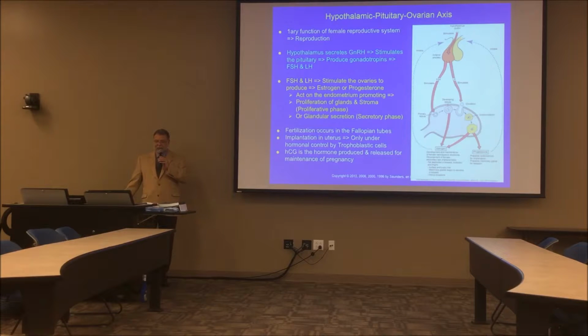Read and understand again, because this is basic science from physiology about the hypothalamic-pituitary-ovarian axis. I'm not going to go through it, but it's important that you understand why those hormones are produced or stimulated from the hypothalamus into the pituitary, and how FSH and LH go to those specific organs, either the ovaries or the breast, depending on what stage and what condition you're talking about.